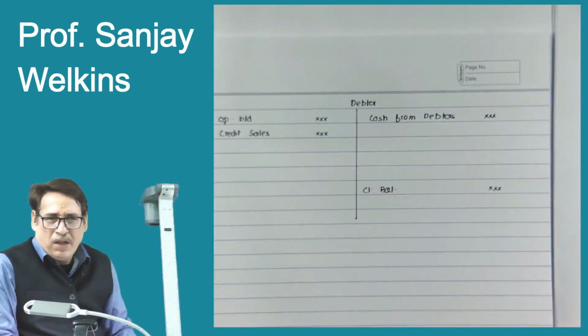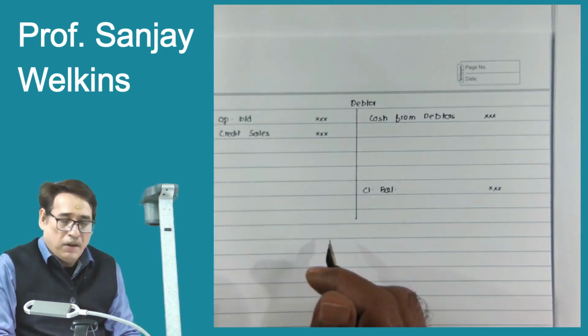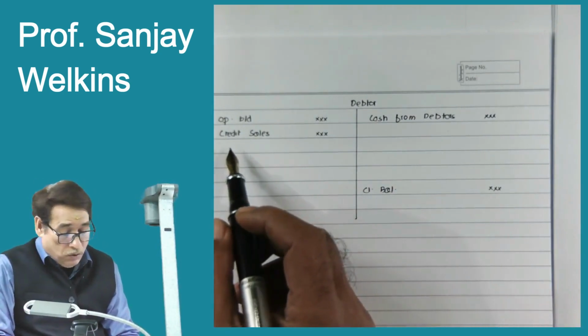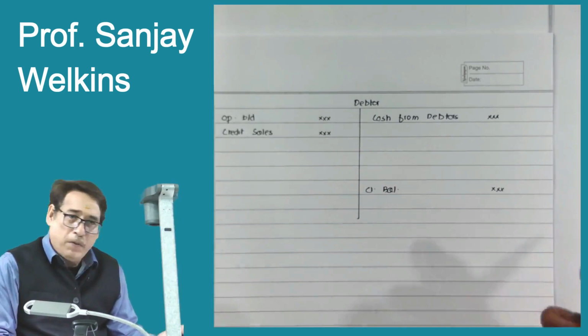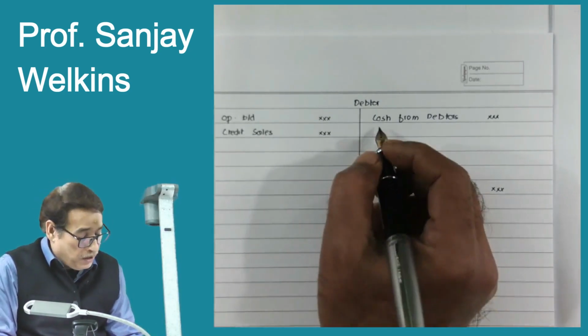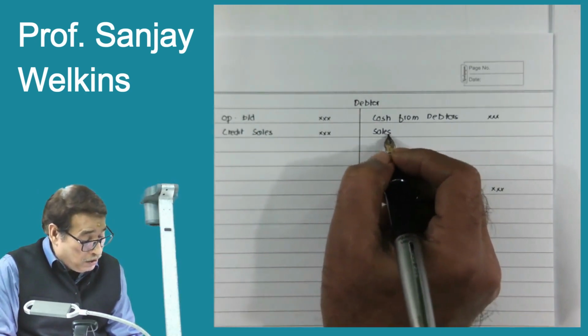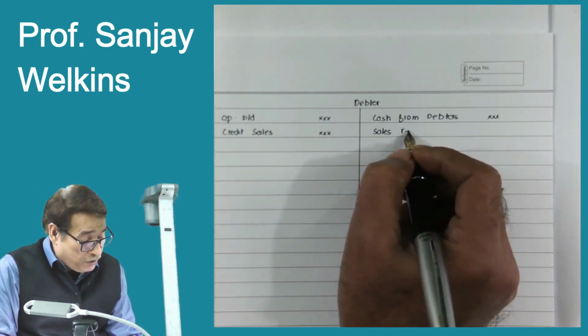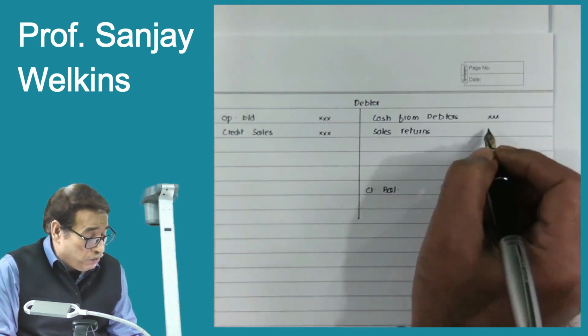Sometimes it may happen, but not always, that the branch has sold goods to the credit customers and some of the goods have been returned by the credit customers, known as sales return. So when goods are returned, obviously the amount due from debtors will get reduced, and that is why sales returns are put towards the credit side.